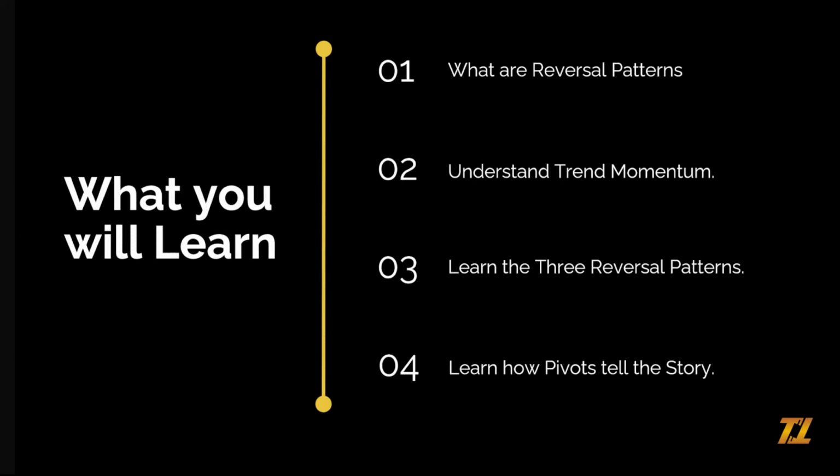And then I'm going to talk about pivots and the importance of pivots, of how they tell us who's controlling the price action. Because a lot of reversal patterns, guys, there's a lot of commonality between a reversal and a continuation pattern. In fact, the first few steps of a continuation and a reversal pattern are very, very similar.